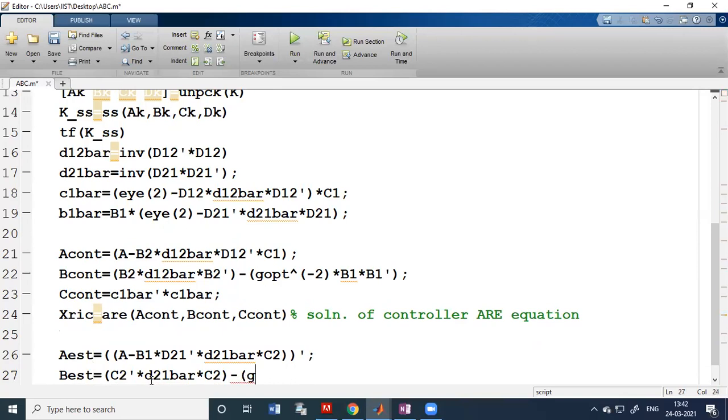So gamma opt raised to minus 2 times C1 transpose C1. Please walk with me and check whether I made any mistake or not. C2 transpose D21 bar C2 minus gamma raised to minus 2 into C1 transpose into C1. Okay.